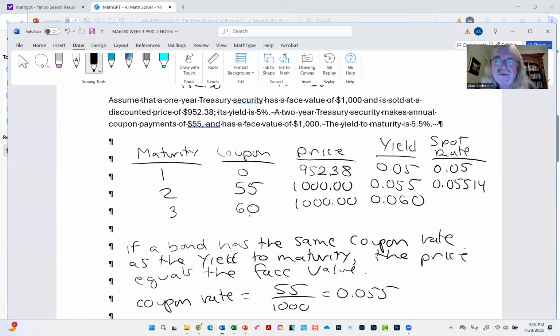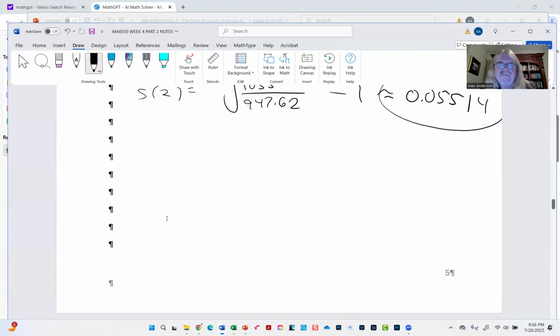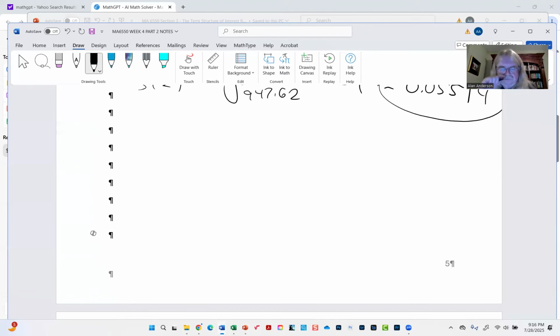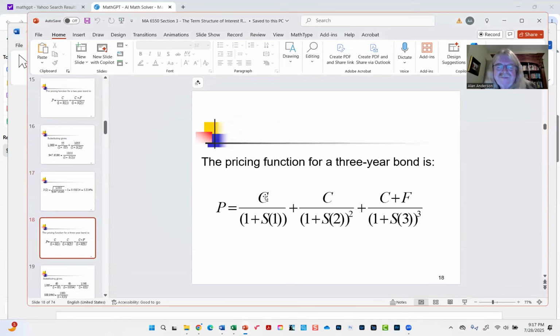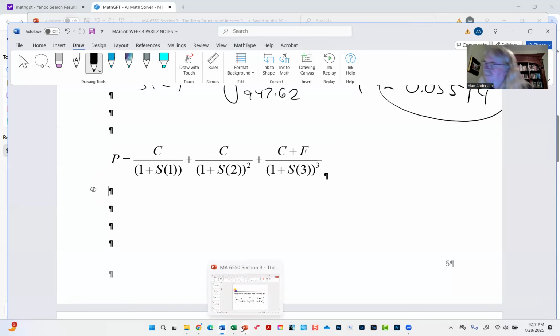Now you can probably see where this is going. To get to the third spot rate, we have to do the following. Yes, this is a 3-year bond, so we got a lot of work ahead of us. 1,000. This one, remember, has $60 coupons.